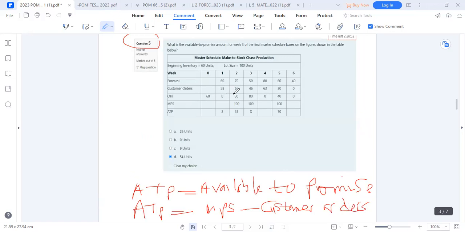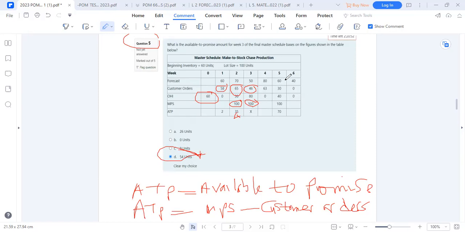So here, they found ATP, this minus 58, we found a 2. Then this one is 100 minus 65 is 35. Then this one is 100 minus 46 is 54. So the answer is D. Are we together there?